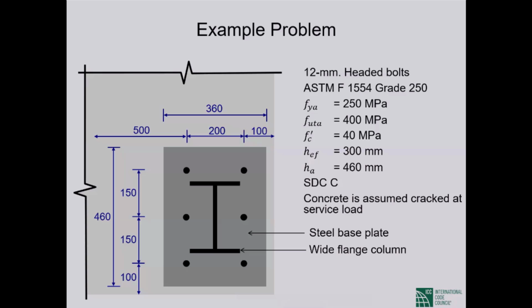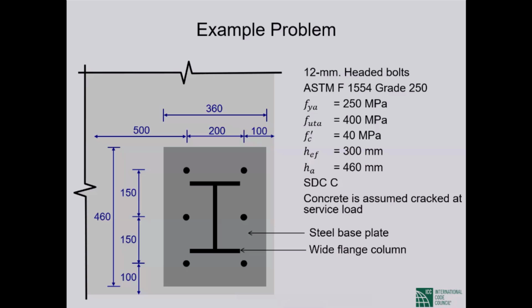The ultimate tensile strength is 400 MPa. f sub c prime is 40. The effective embedment depth is 300 millimeters, and the thickness of the concrete foundation is 460 millimeters. The seismic design category is C. Concrete is assumed cracked at service loads.